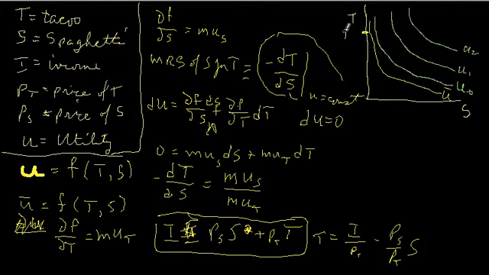This is I divided by PT. And this is a straight line. And this intercept here is income divided by the price of spaghetti. And so what we're looking for is the indifference curve that represents the highest value of utility that we can find.